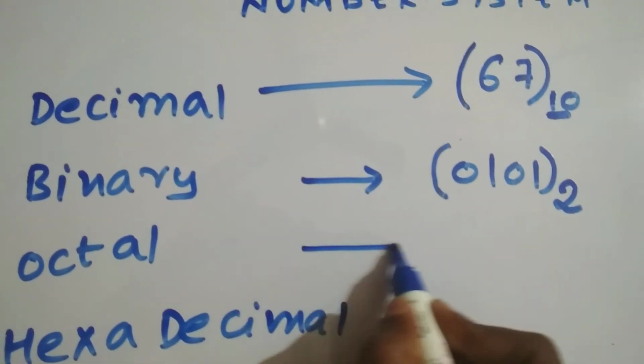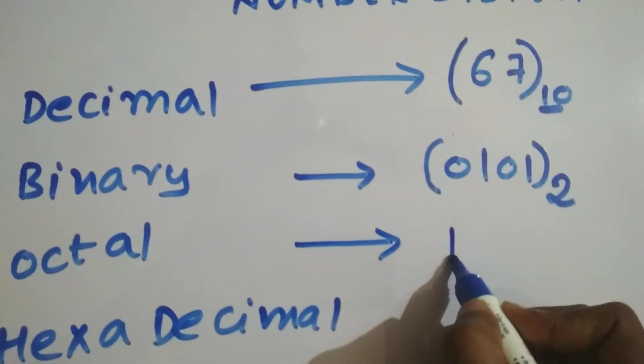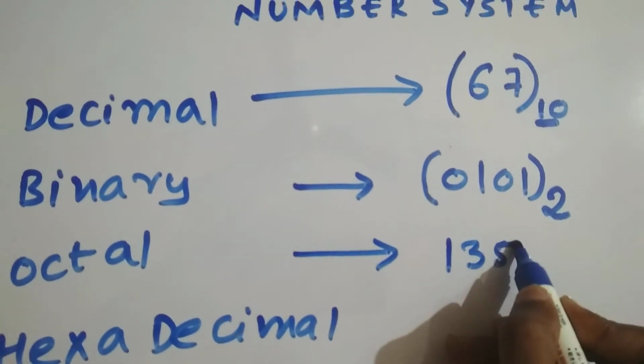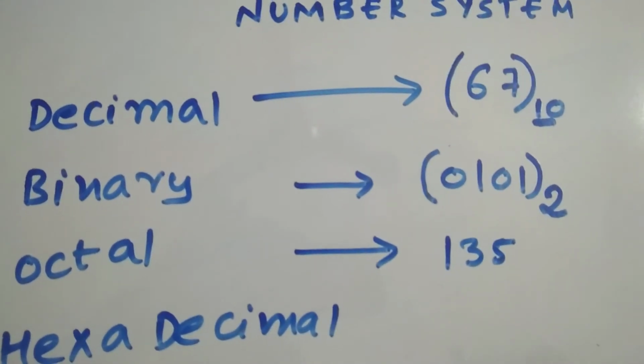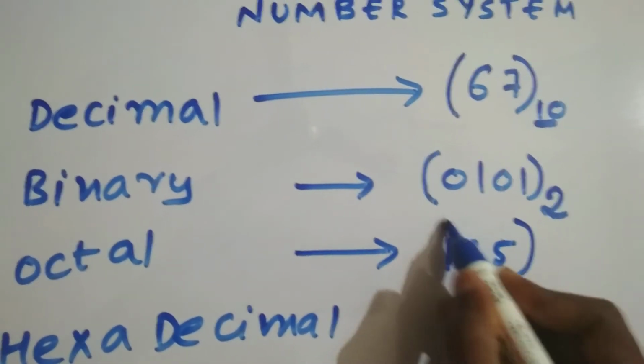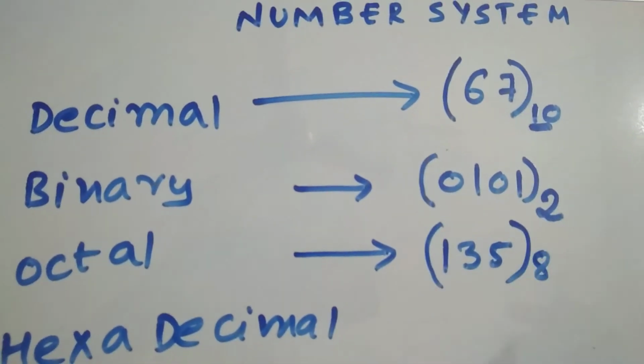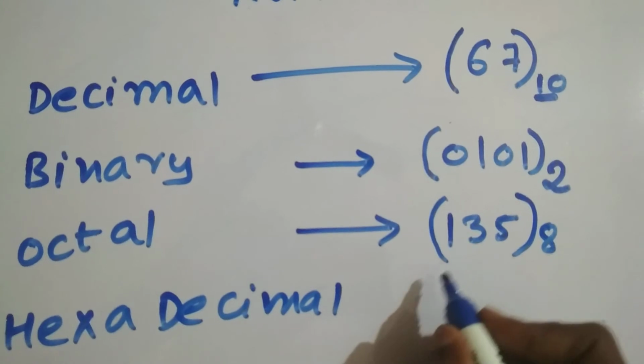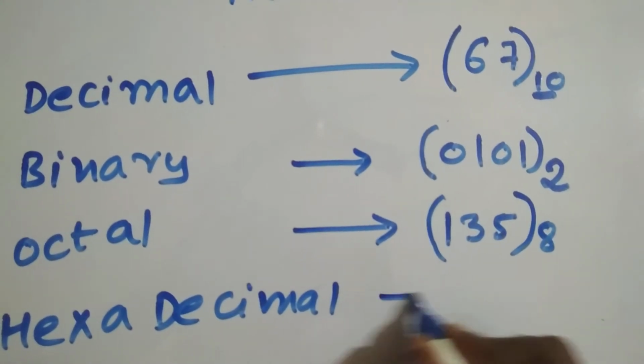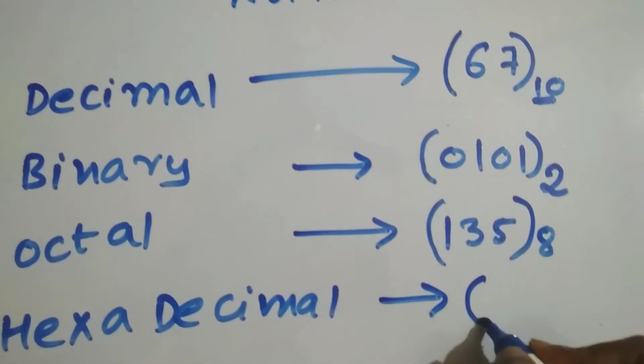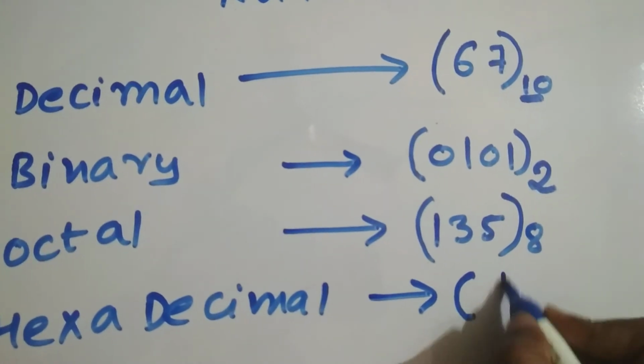Okay, and in octal, let us consider this number. This number can be decimal or hexadecimal. So if you write base 8, we represent it as octal. And now let's go for hexadecimal. Let's write FF.